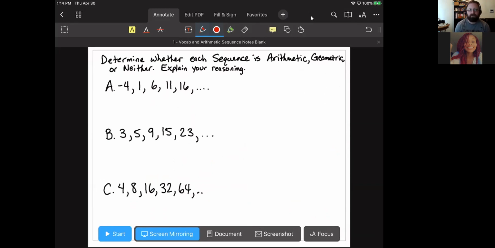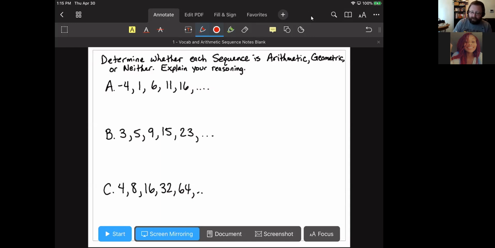Now remember that addition and subtraction are really the same thing, and multiplication and division, those are really the same thing. So if we find either one of those, that makes it geometric. Okay, so a constant addition pattern would be arithmetic. A constant multiplication or division would be geometric.